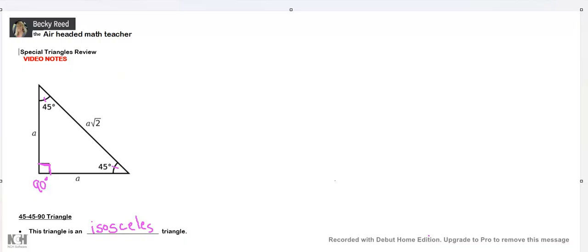That makes things kind of easy. And because the two angles are congruent, the opposite sides are also congruent. So whatever the length of this leg of the triangle is, that's what this leg will also be.